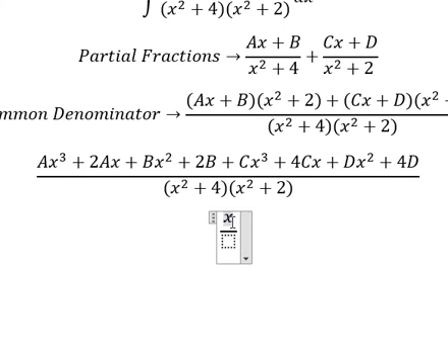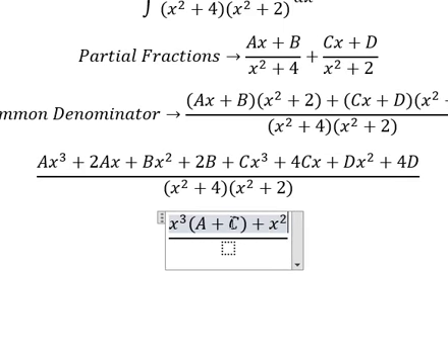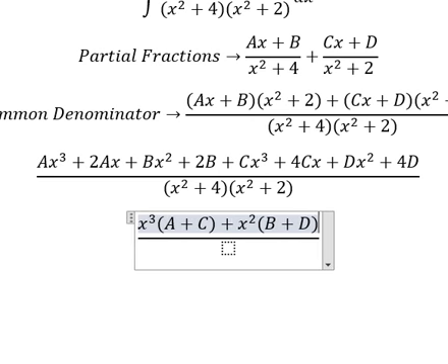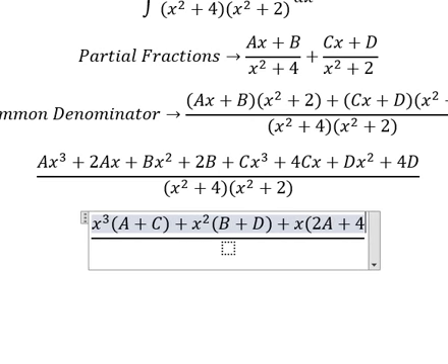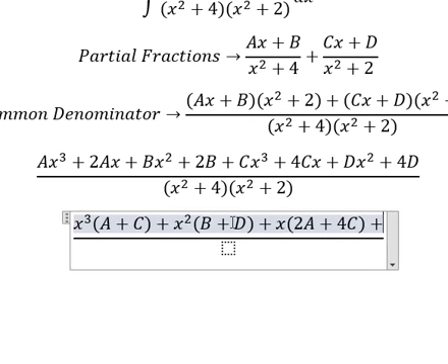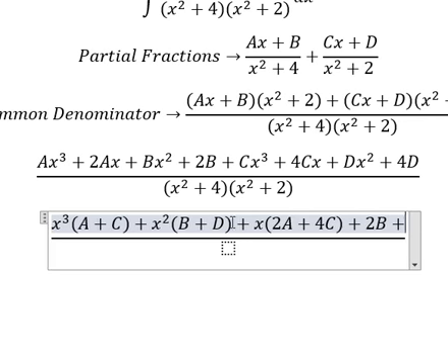About s to the power of 3, we have a plus c. About s squared, we have b plus d. About s, we have 2a plus 4c. About the number, we have 2b plus 4d.